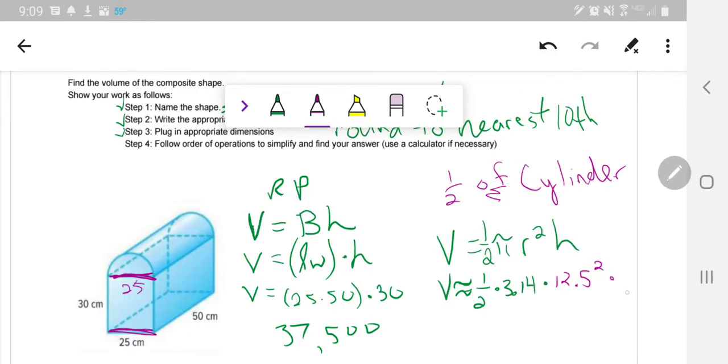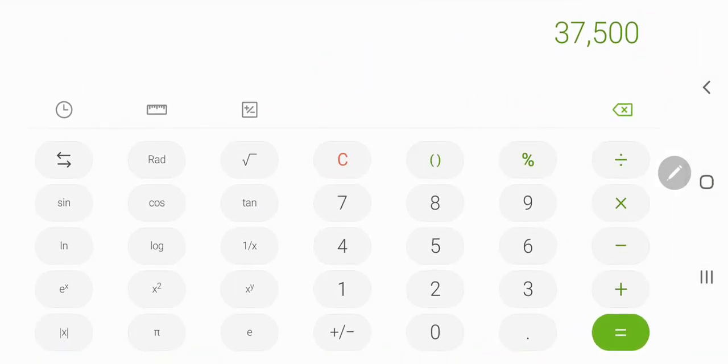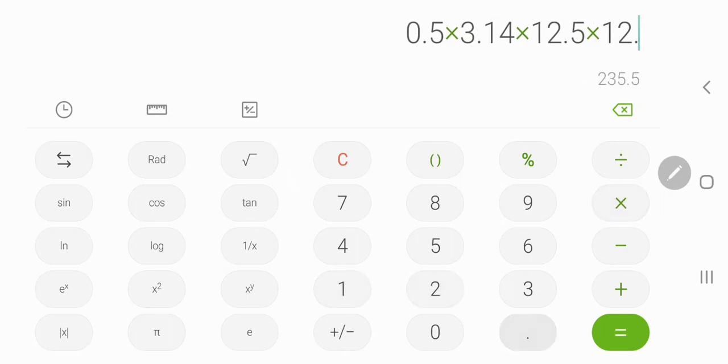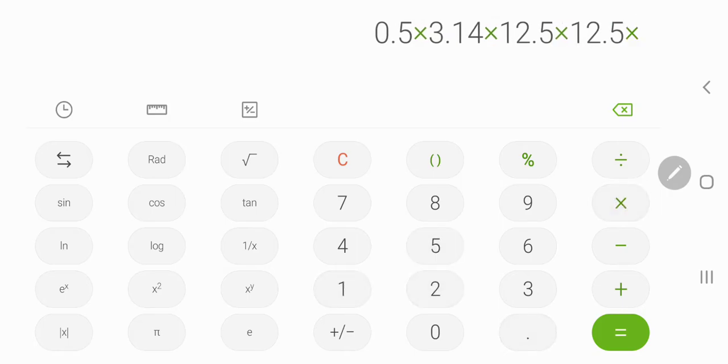And then I multiply it by the height, and the height of that cylinder is that dimension there, which we can see down here is the 50. So we're going to multiply that by 50. Now I've got to multiply all that. So it's going to be 0.5 times 3.14 times 12.5 times 12.5 times 50.